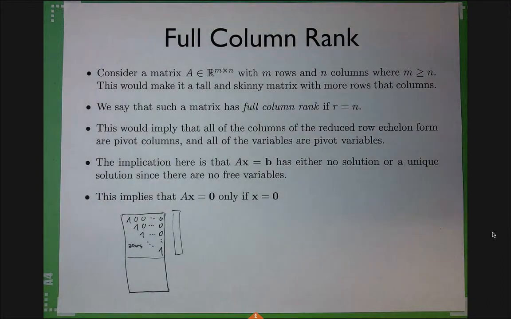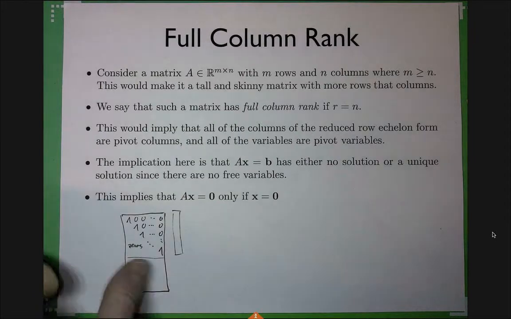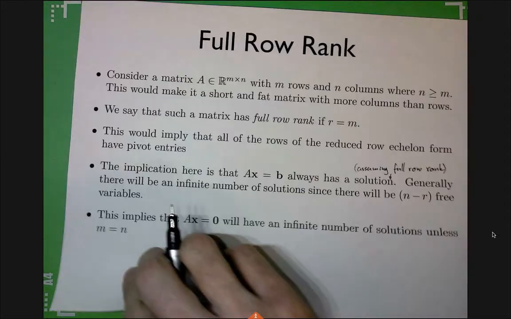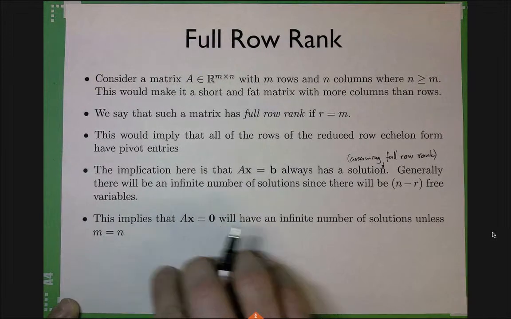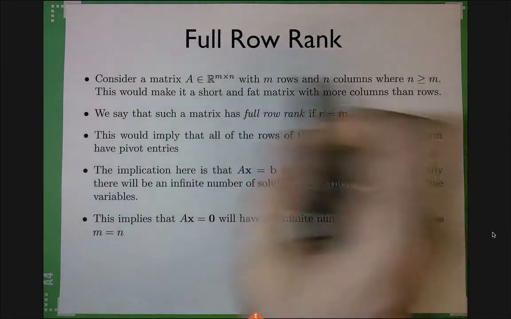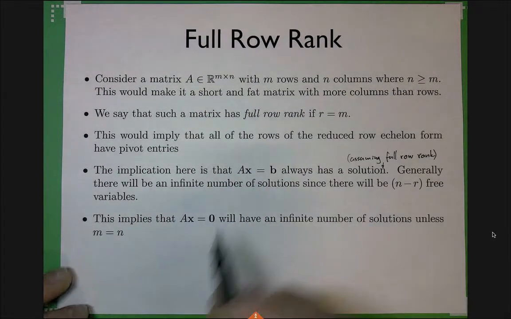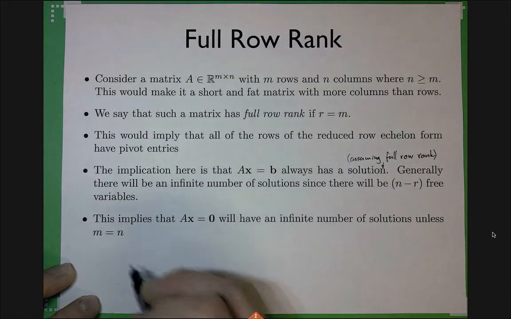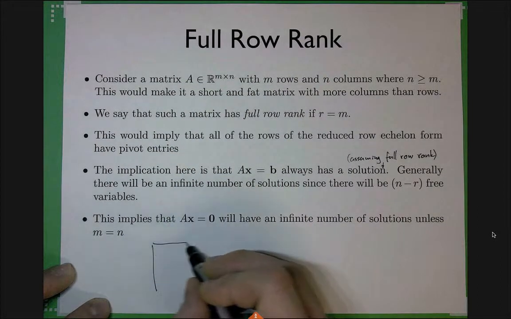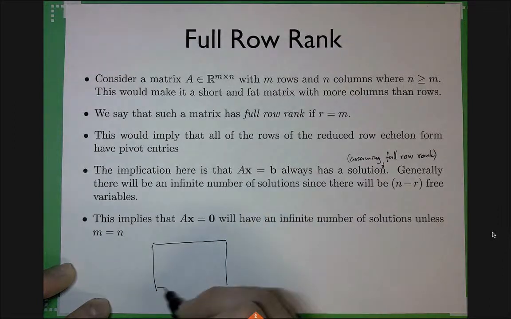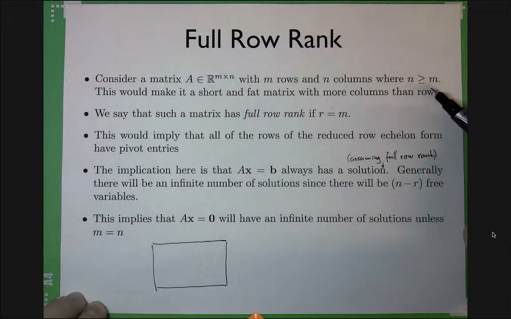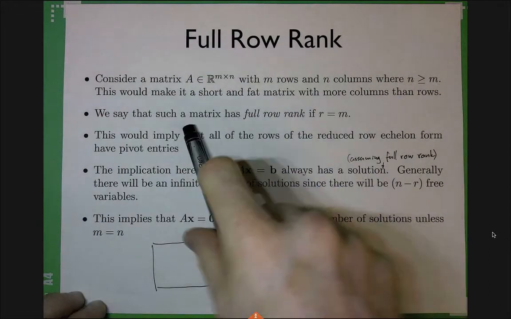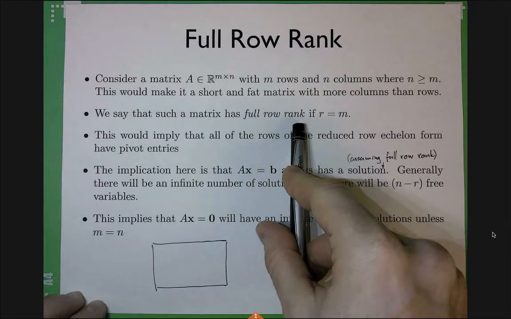Okay, so let's look at the closely related case of full row rank. Now let's consider the other type of matrix, the short and fat matrix, which looks like this. It has n greater than or equal to m, so it has more columns than rows. And in this case, we talk about full row rank, right?